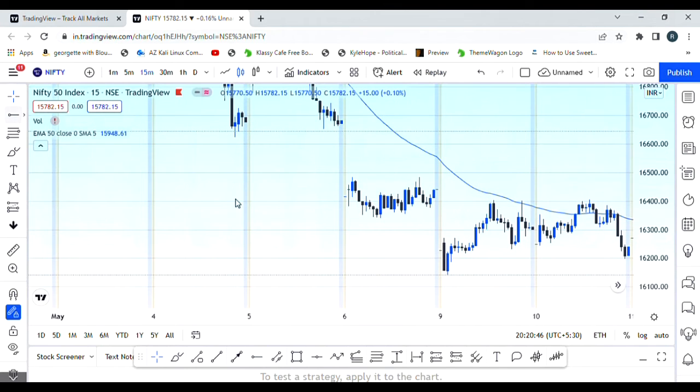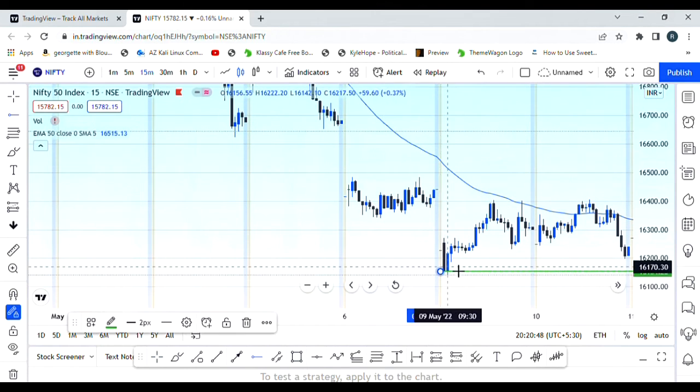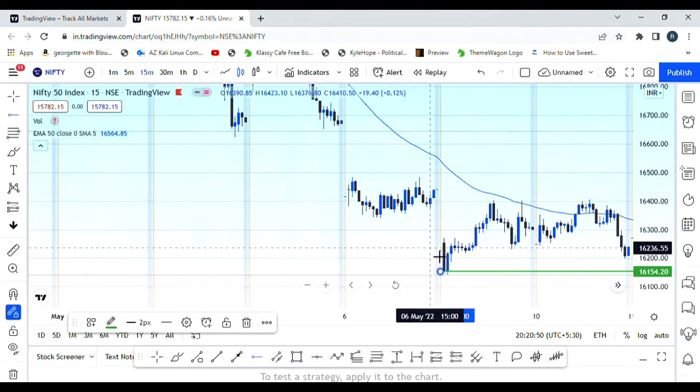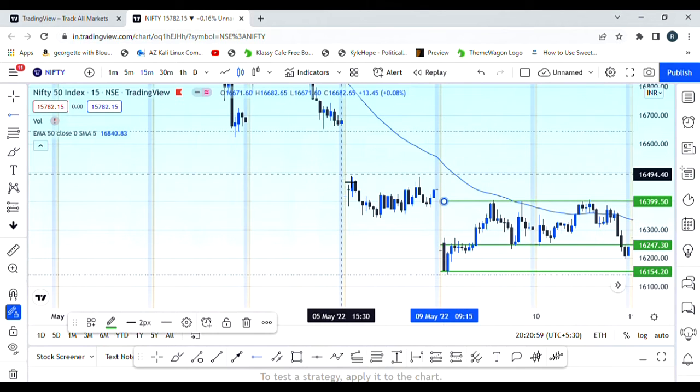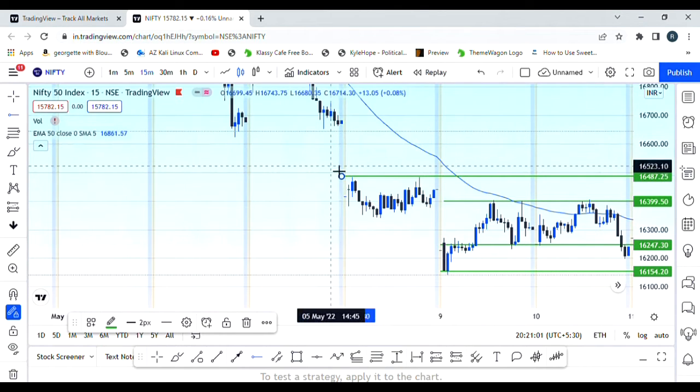Okay, let's see. The market support, this is my initial zone, and again the market tested that level, so this will again be my support. This is the resistance, and this is a full gap area, this is again my resistance.